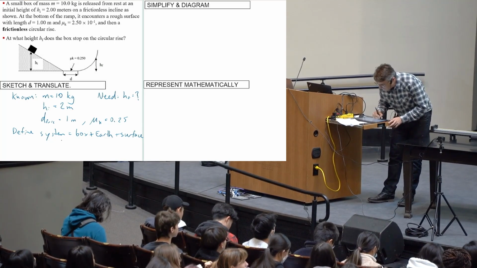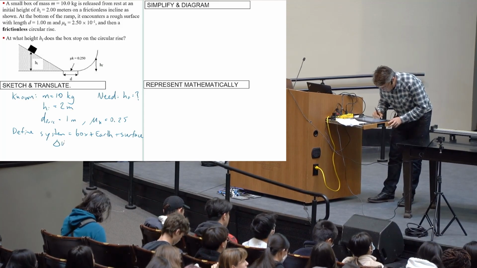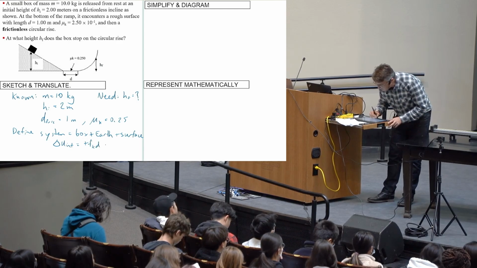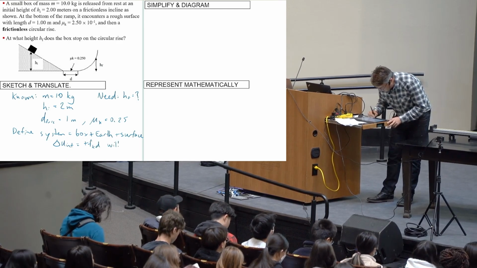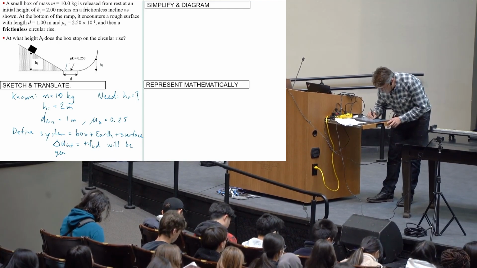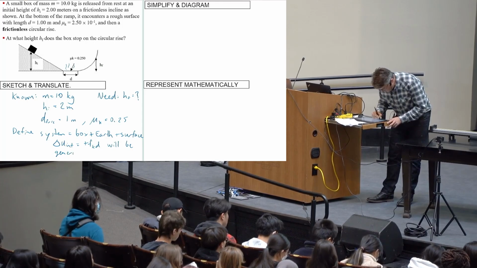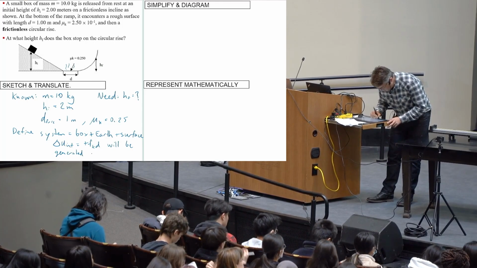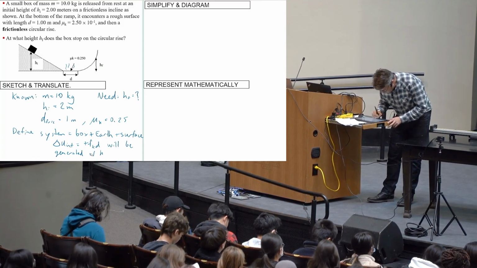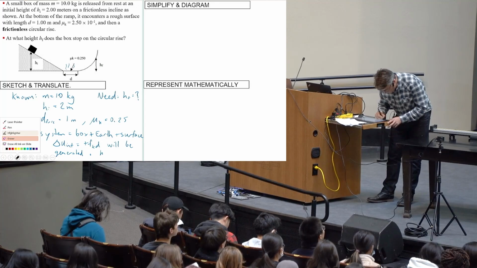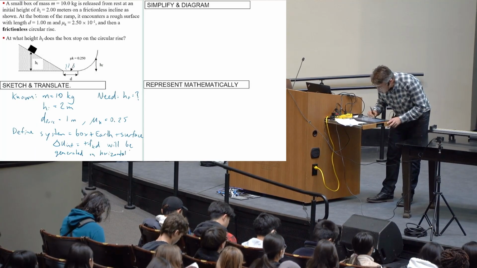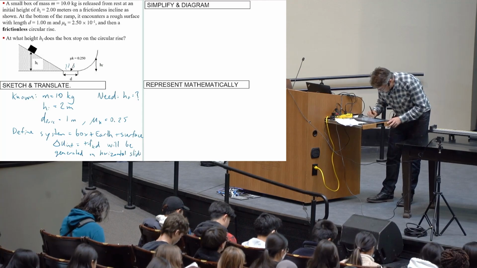So delta U internal will be plus f_k d, generated and left as heat afterwards as this thing slides across the horizontal surface.